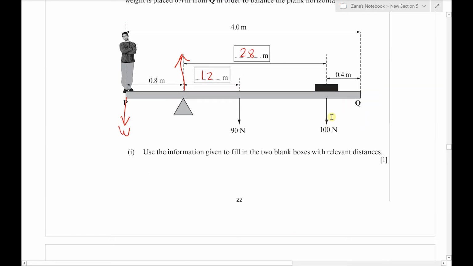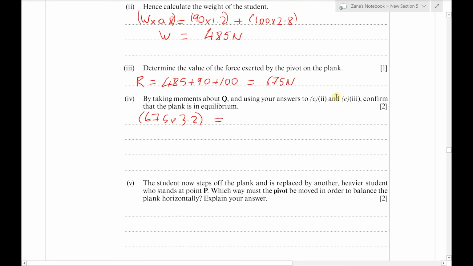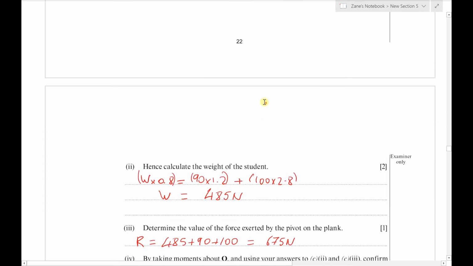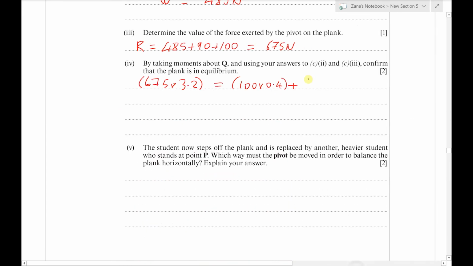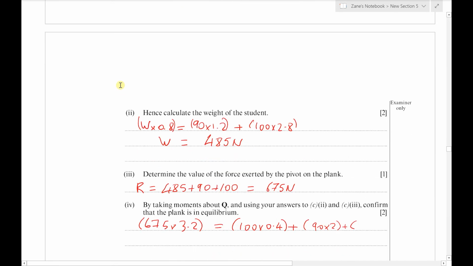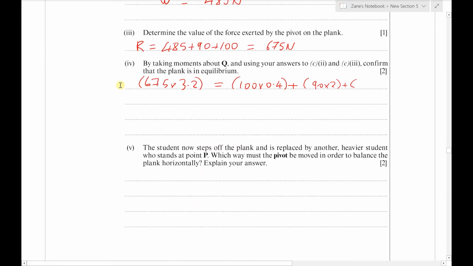We're going to have the 100 newtons at 0.4 meters. We're also going to have the 90 newtons still at 2 meters because it's still in the centre. And we're going to have the student here, 485 newtons at the full 4 meters.